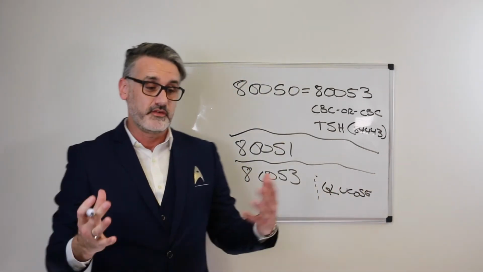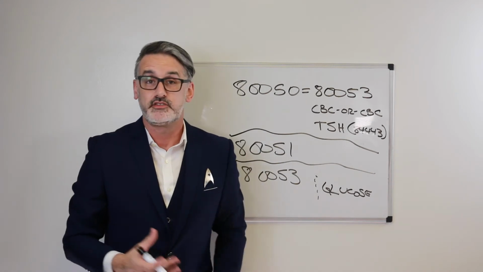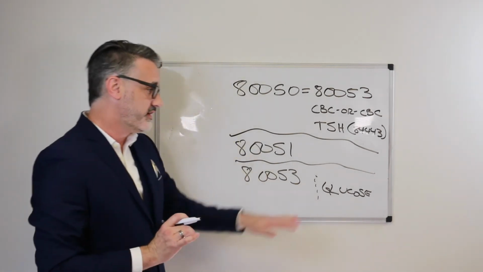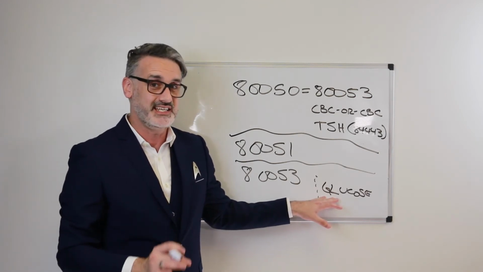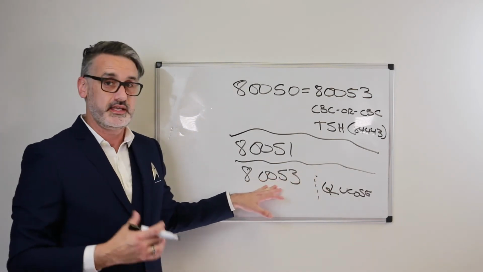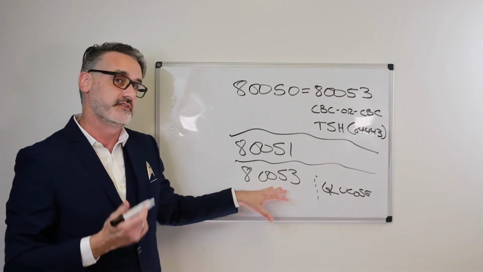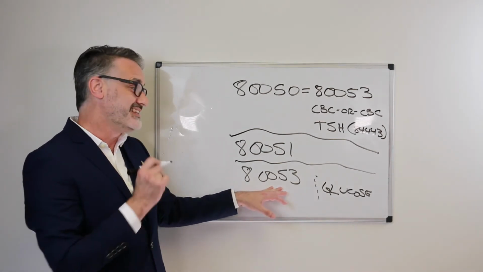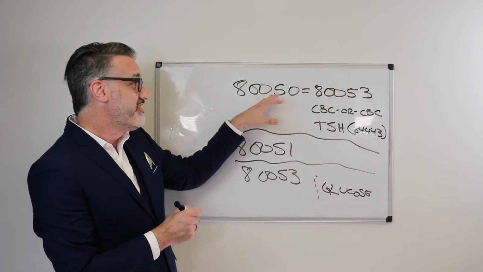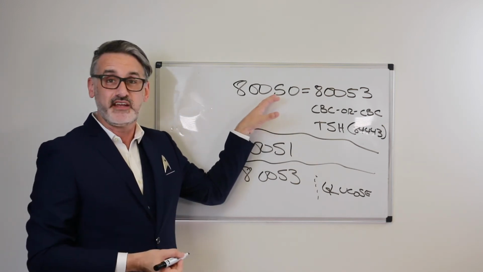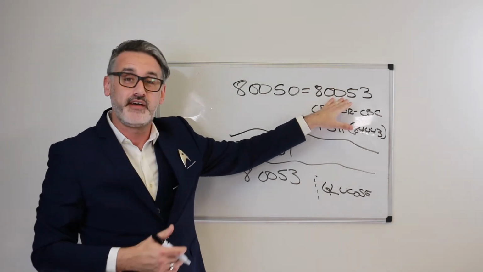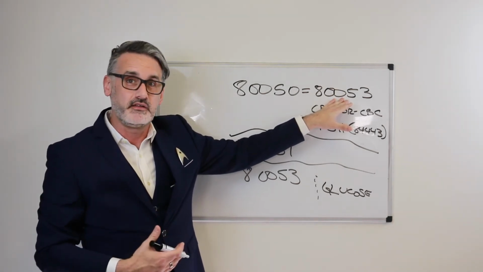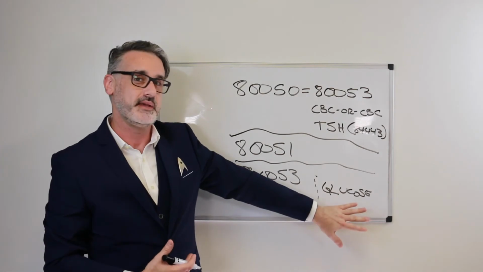So let's just say for whatever reason, the doctor is not wanting to test for glucose today. That means glucose is the only one item that the doctor is not testing for in the comprehensive metabolic panel, 80053. So if they're not testing at 80053, that means we cannot do an 80050, because this one line here, 80053, the comprehensive metabolic panel, includes everything at the bottom of the page.